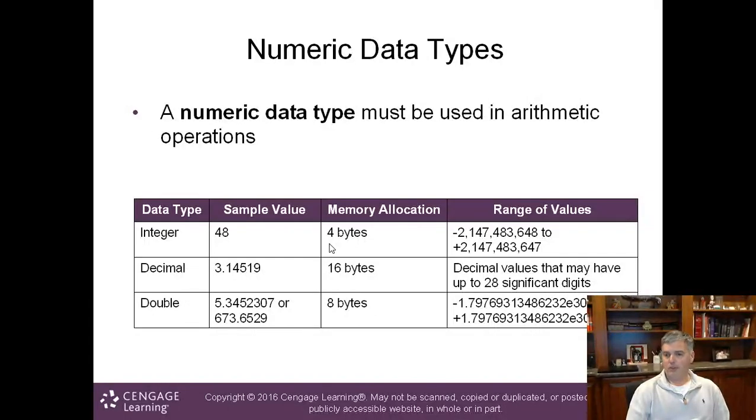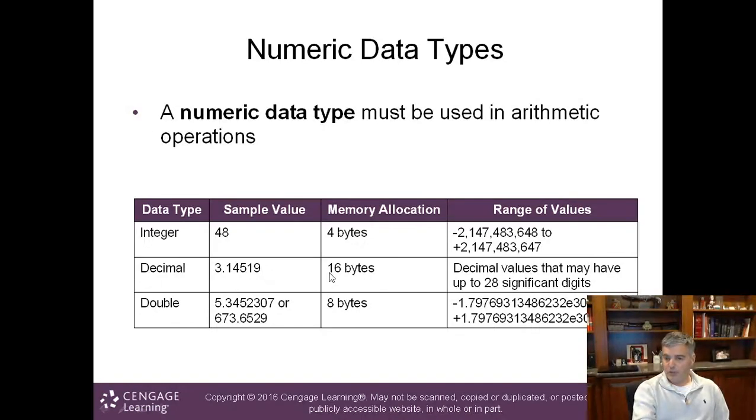It's 4 bytes, so a very small amount. The range of values an integer data type can hold is negative 2 billion to positive 2 billion, so pretty large. Most things that we're going to be dealing with as far as whole numbers are going to fit into an integer data type.